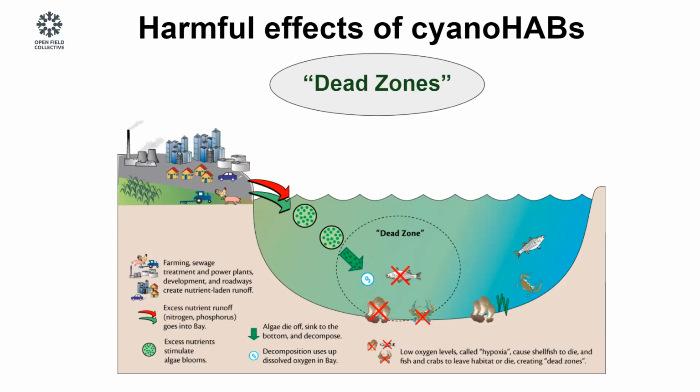During decomposition, it's the reverse. It's not releasing oxygen anymore, it's using up the oxygen in the water body. That starts to create a dead zone. When you saw those images with layers and layers of algae on top of the water, it's thriving and going through its life cycle. Not only is it dividing, it's also dying, and every time algae die, they sink to the bottom and use up the oxygen there.